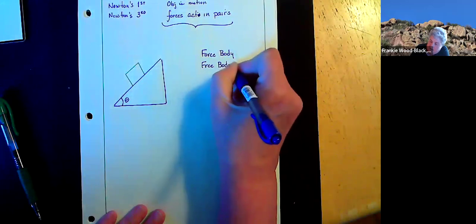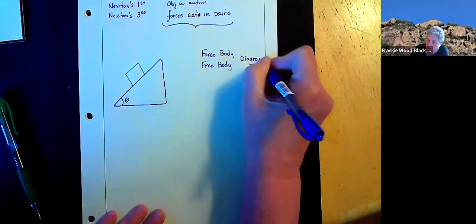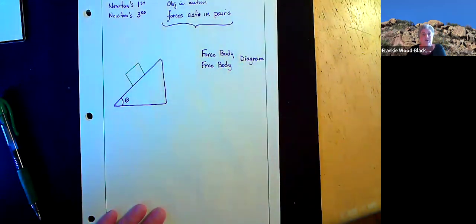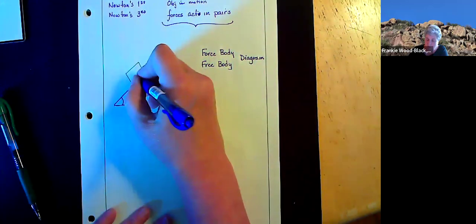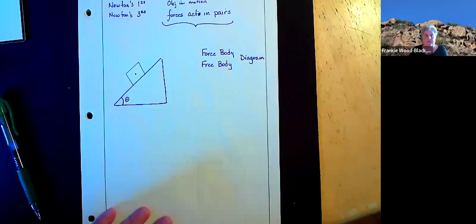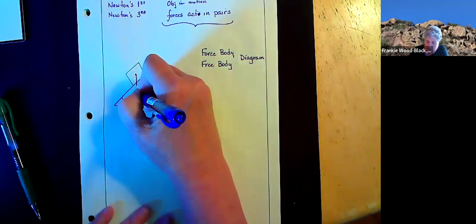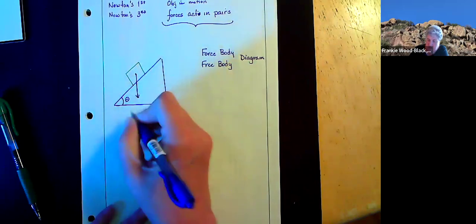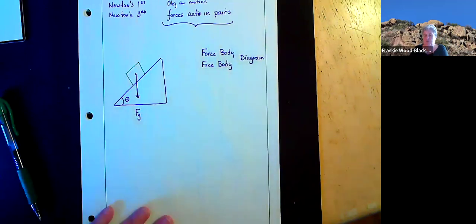You'll see it interchangeably out there, but what we're going to do is draw the forces on our object. Now, we talked about contact forces and we talked about field forces. So we know that we have a force due to gravity, and that force due to gravity is acting in this direction, and we can represent that force due to gravity with an F sub G.